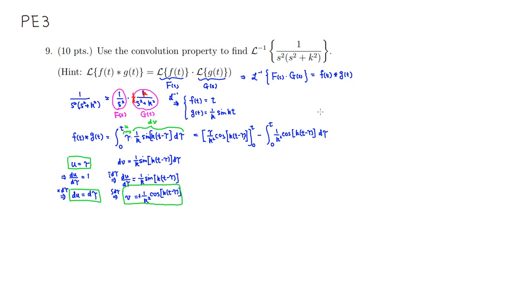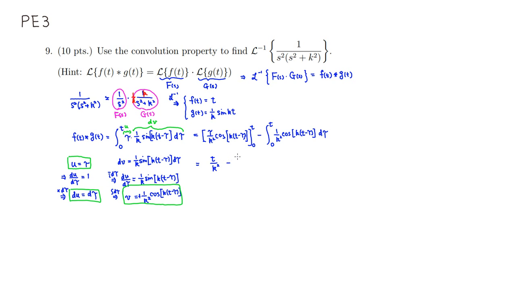If you plug in t, t minus t is 0, cosine of 0 is 1, so you have t over k squared. If you plug in 0, the whole thing is 0, so minus 0.